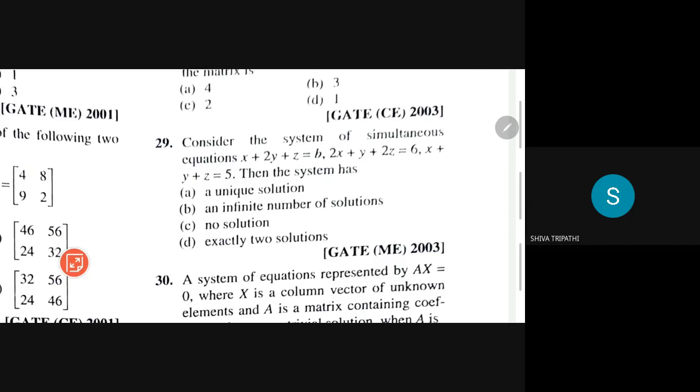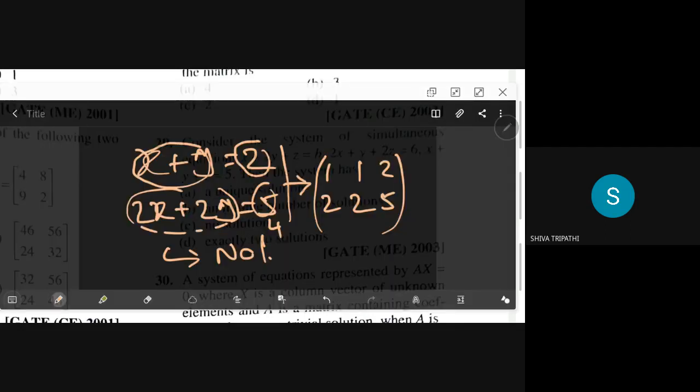First of all, we will make it in matrix form. Good. So you have 1, 2, 1 here. The second one is 2, 1, 1.